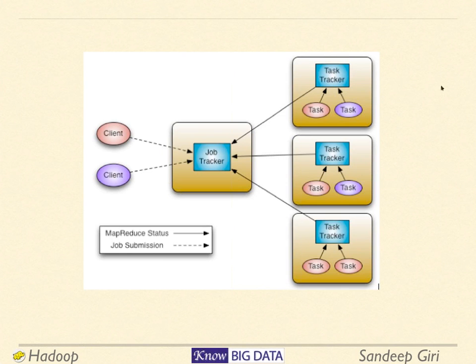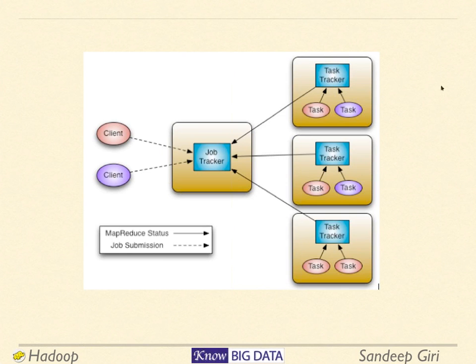Remember that each block of your input file is stored in multiple places. Now when you ask the job tracker to do something, it will look at, say, all three replicas, and find out which of the three nodes is most free, which one is not busy at this moment.